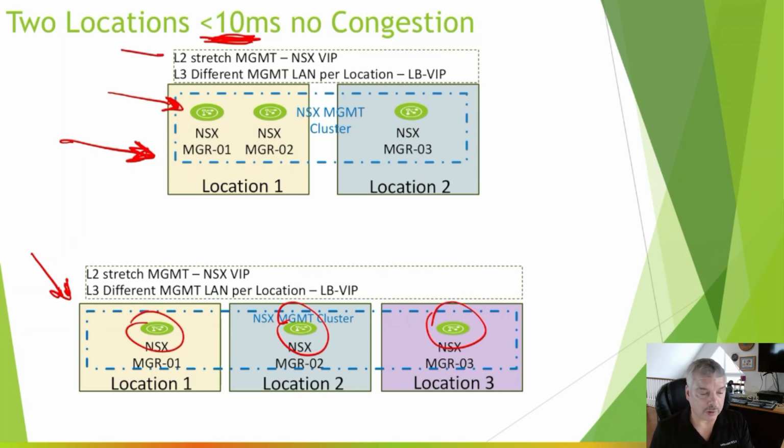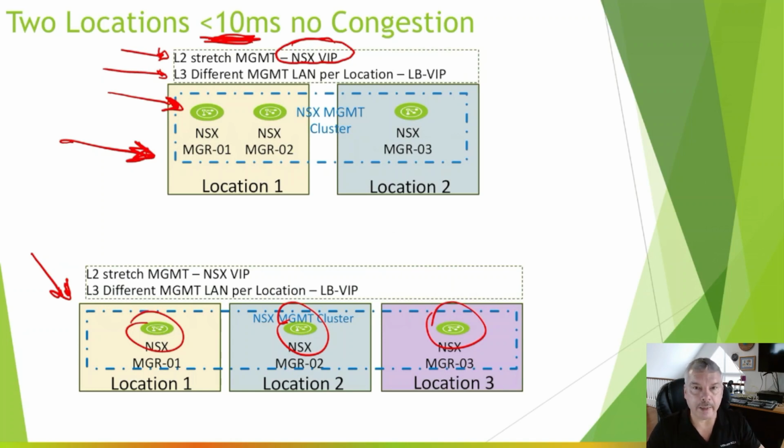We do support layer 2 stretching, so you've got to stretch your management network. You're not having NSX stretch it, because that's like NSX relying on NSX for the stretching, like chicken and egg, right? So you have to stretch the layer 2, however you do that. And then you could use, and the advantage of that is you can use the NSX virtual IP.